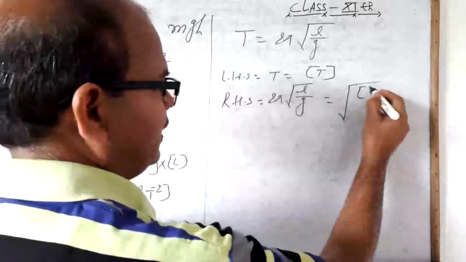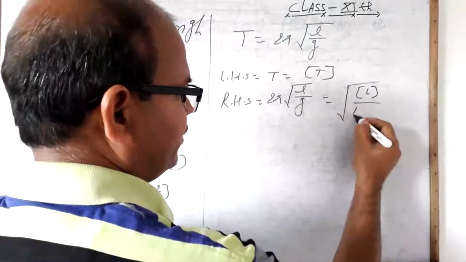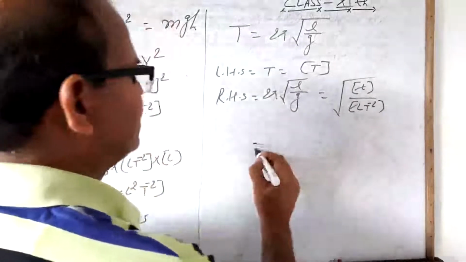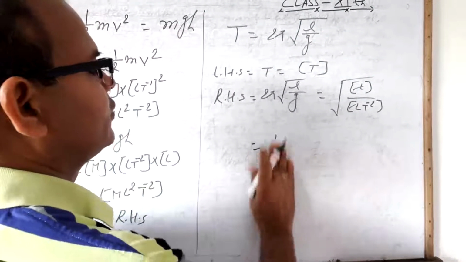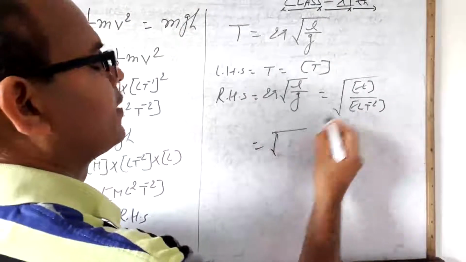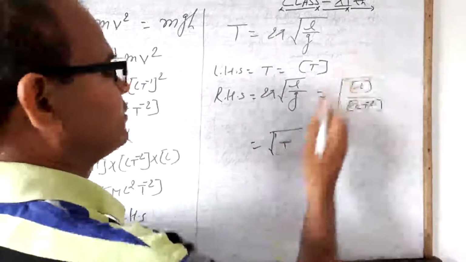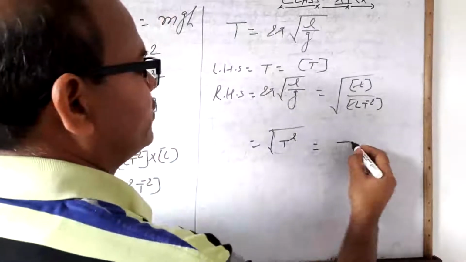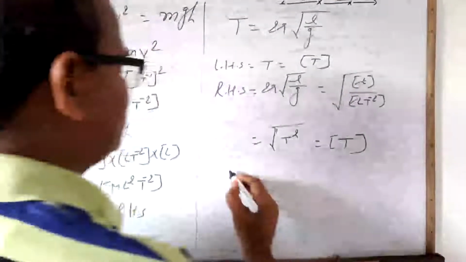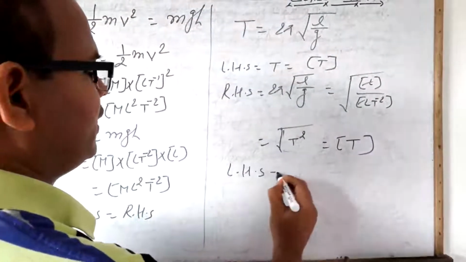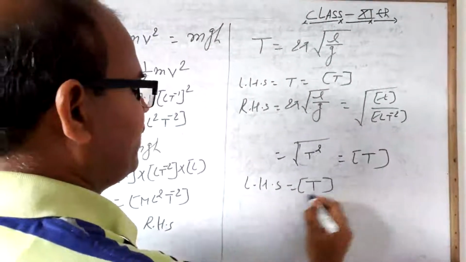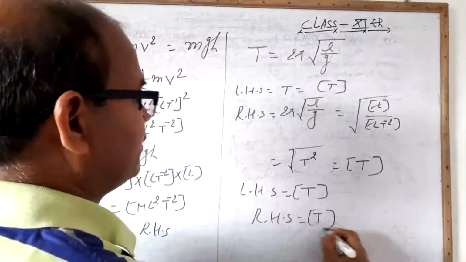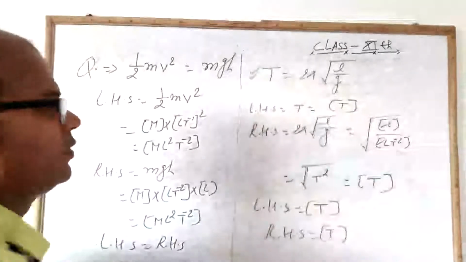L is length and g for acceleration due to gravity is L T inverse 2. L and L cancel, and it becomes T square. Then root of T square equals T. So students, you have seen LHS equals T and RHS equals T, which means this physical equation is also correct.